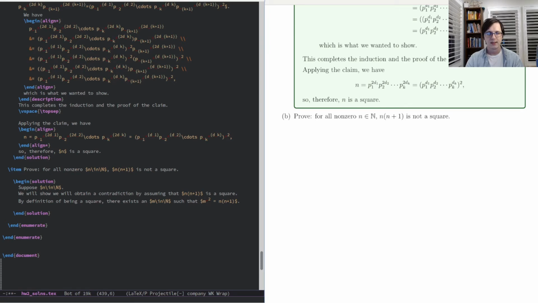So one thing we know is m is not 0. I'll write this as a claim, I guess. Let's bold it. So m is not 0.